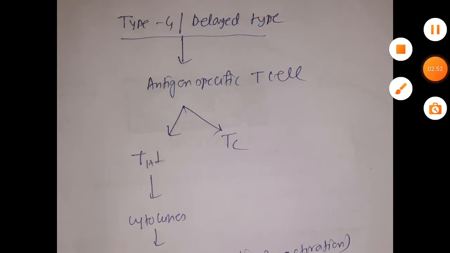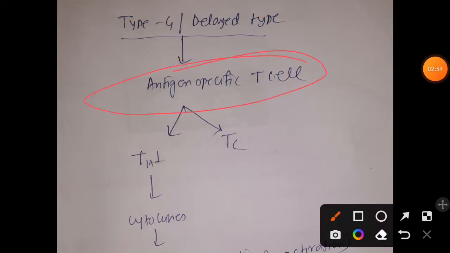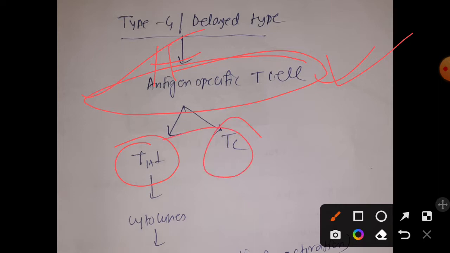Type 4, the delayed type hypersensitivity reaction, triggers antigen specific T cells. Antigen specific T cells play a pivotal role in type 4 hypersensitivity reaction, mainly Th1 cells and Tc cells. We all know that Th1 is a subtype of Th cell.